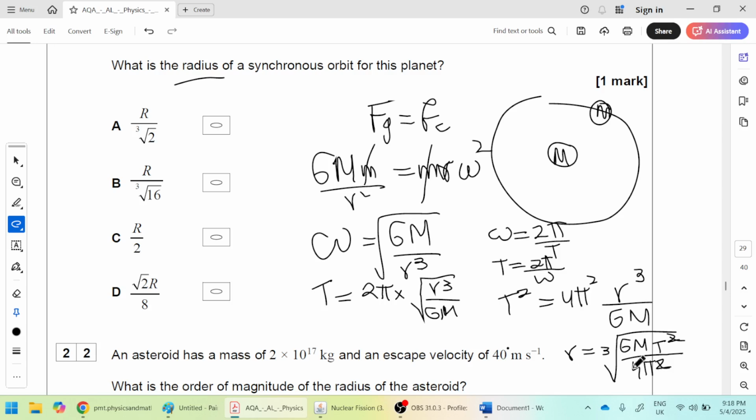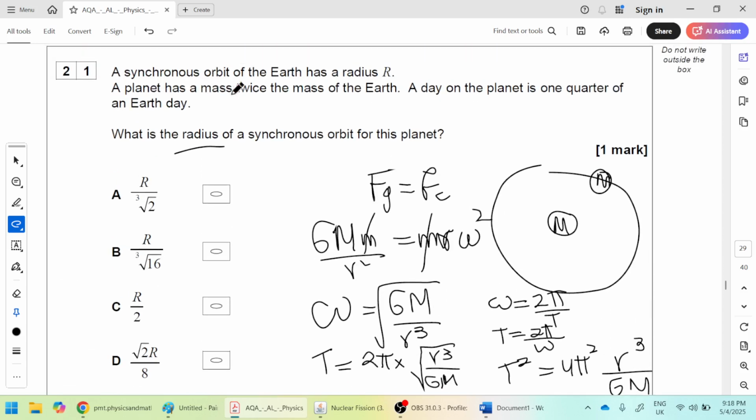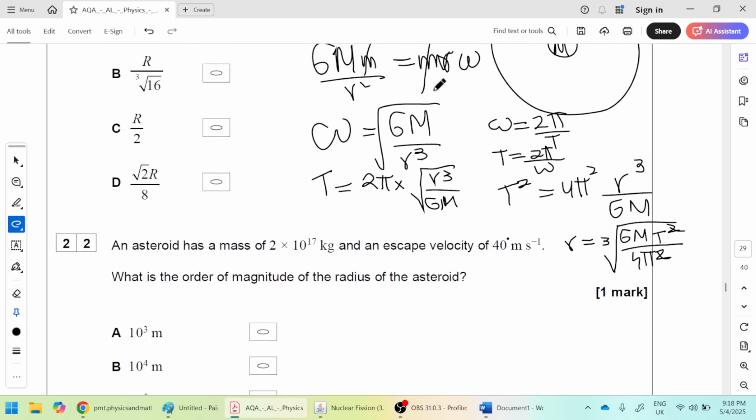Yeah, but what am I interested in here? Now they have doubled the mass, and 1/4 of an Earth day. So mass and time are the only variables here. G is a constant, pi is a constant. So really what I'm interested in is R is proportional to the cube root of M T squared. That's the key thing. Everything else is constant. I don't care about them.